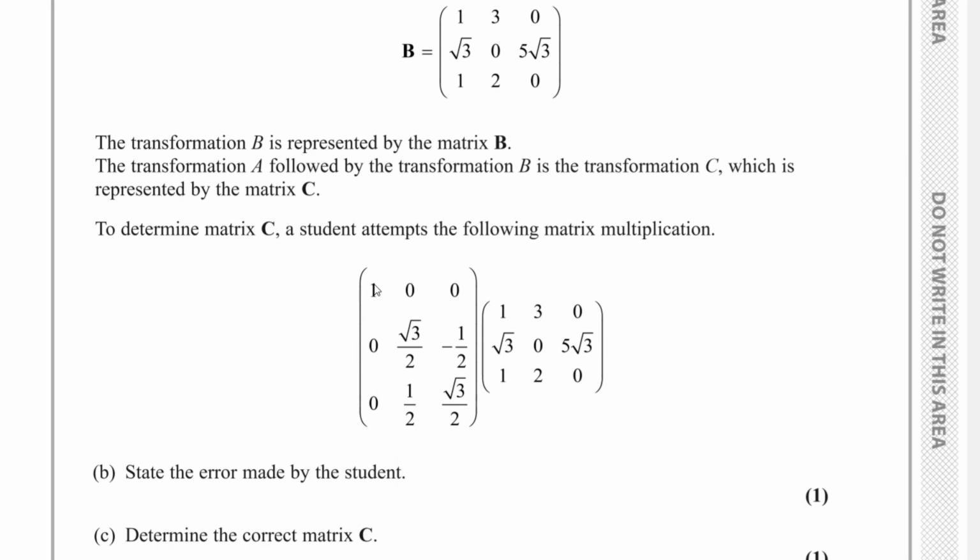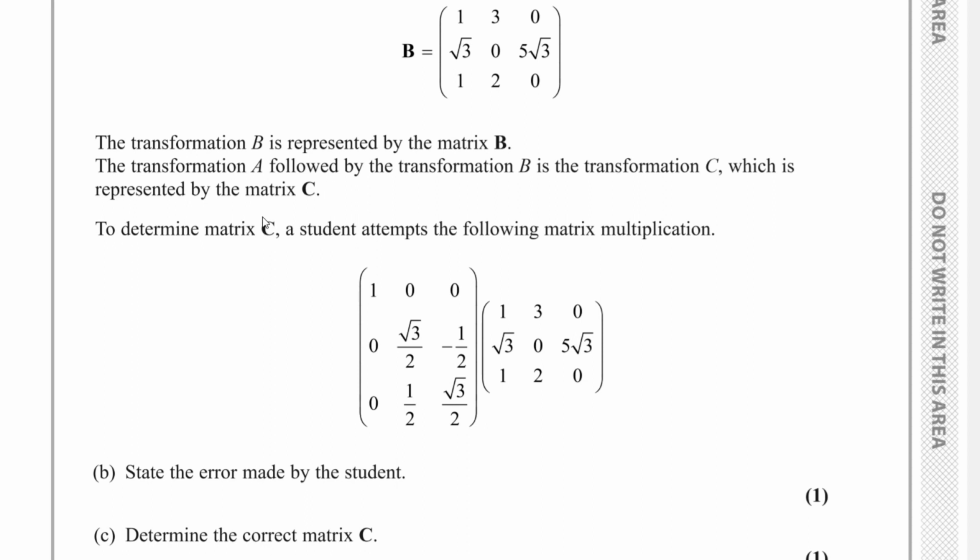What they have done is matrix A multiplied by matrix B. We have to state the error made by the student.